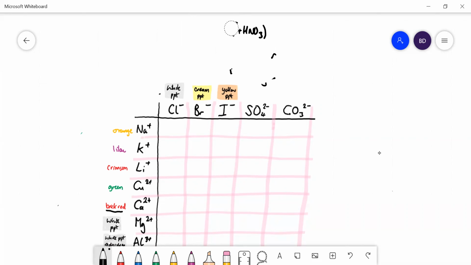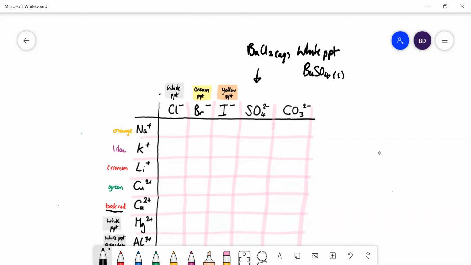Sulfate ions, right, there's a special test for that. You add barium chloride solution, and if you've got any sulfate ions present, you're going to get a white precipitate, because you're going to form barium sulfate, which is very, very insoluble, and that will form a white precipitate.